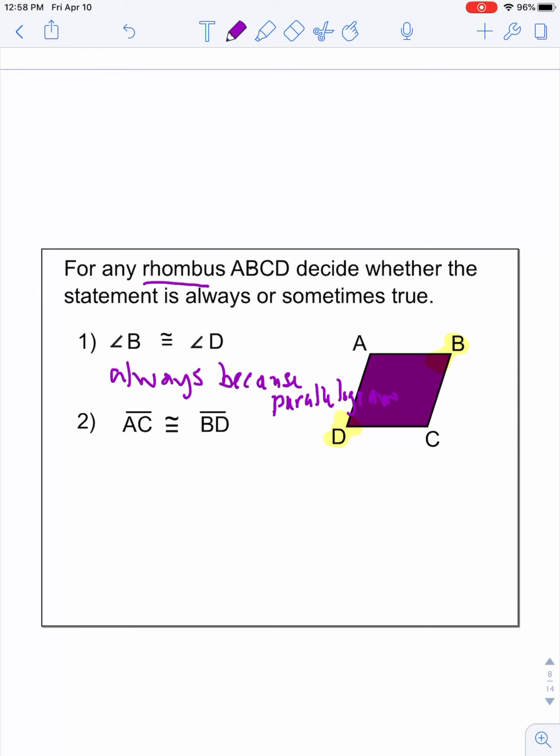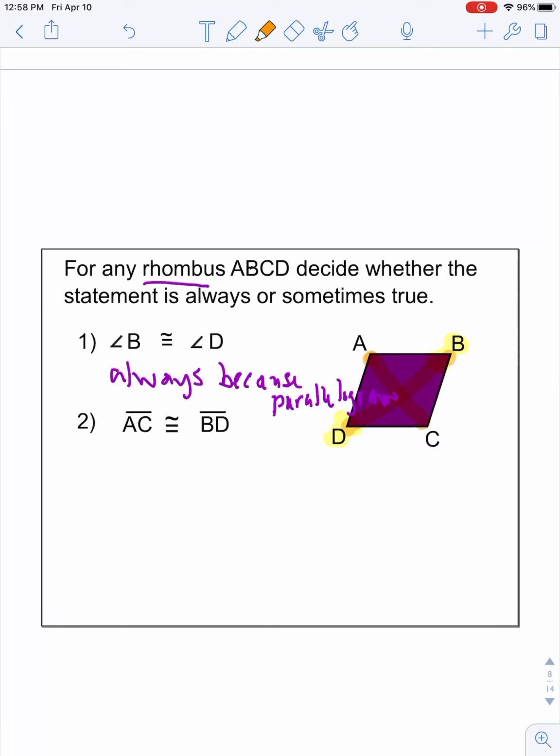Okay, so what about the next statement: is AC going to be congruent to BD?